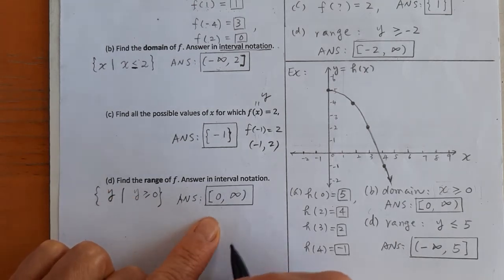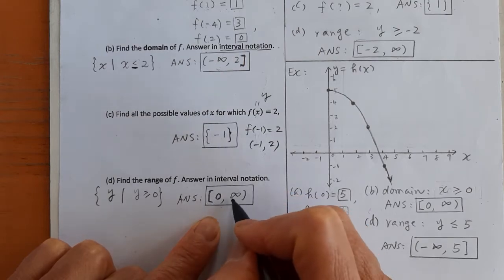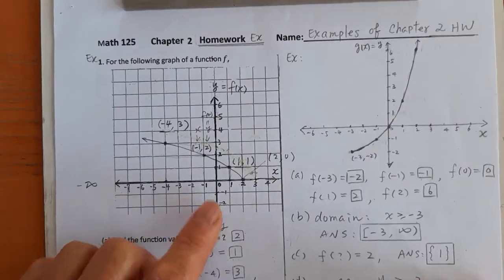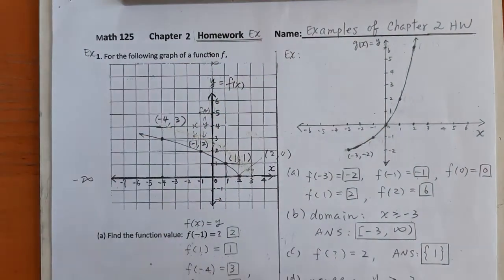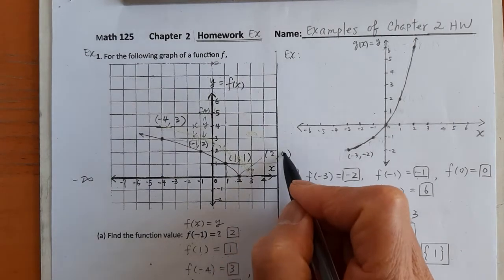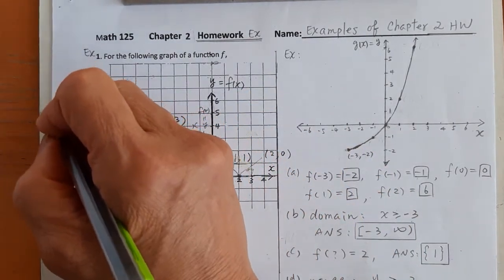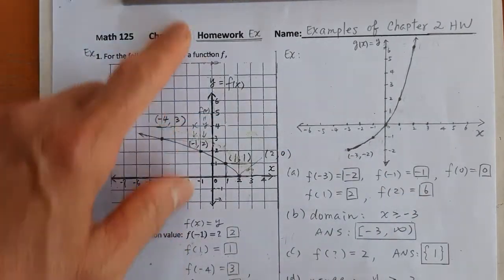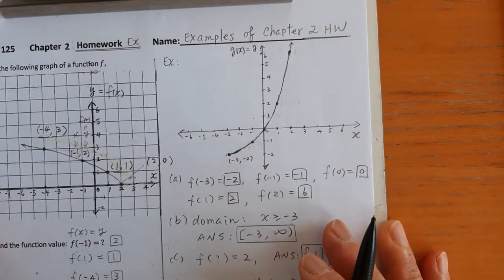The answer in interval notation is, including 0, use a bracket, up to positive infinity. From 0 up to positive infinity, including 0. Because this point is (2, 0), up from 0 the curve can keep going on to infinity, so it goes up to positive infinity.